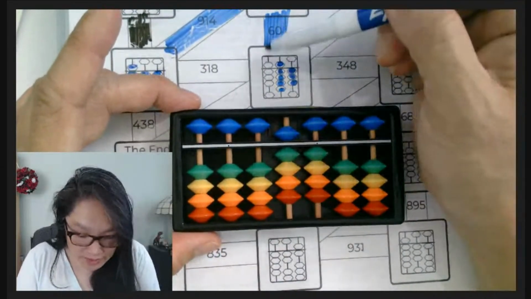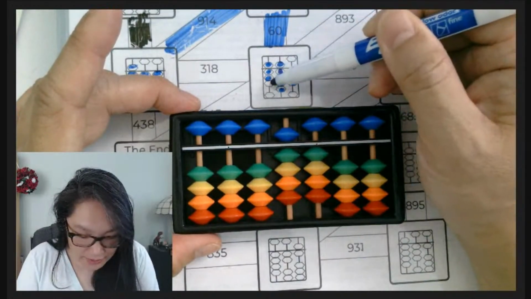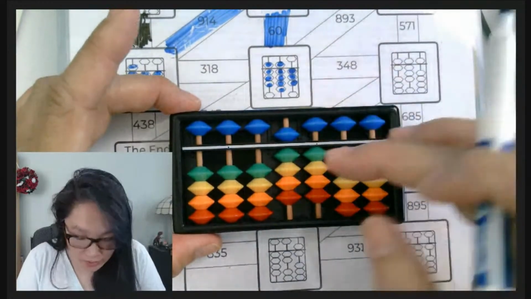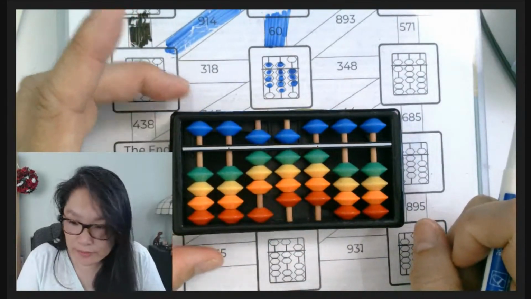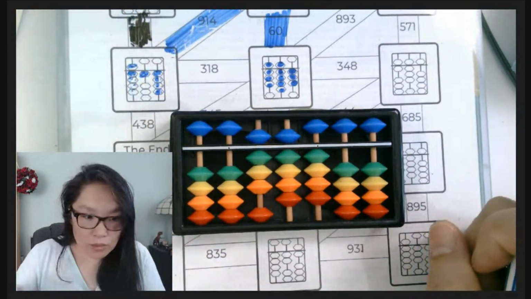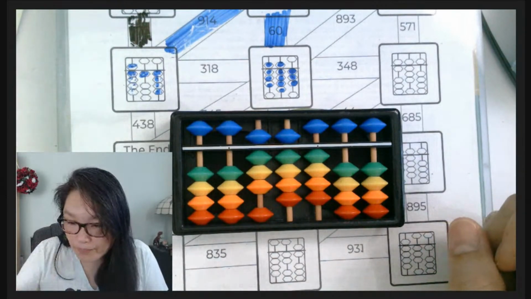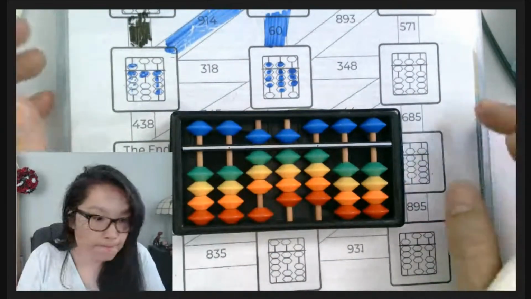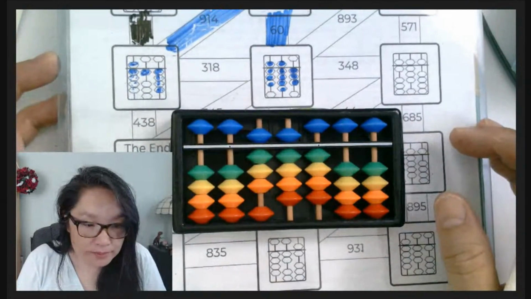And then what do we do? What number is this? 5, 6, 7, 8. So now the question is, what is my number here? What number can you read?